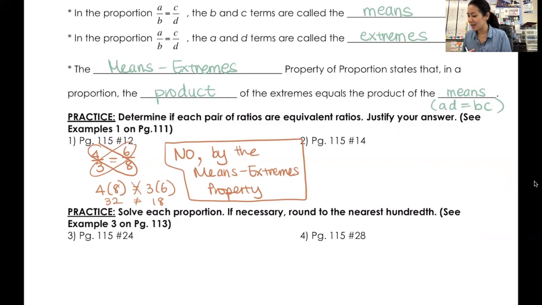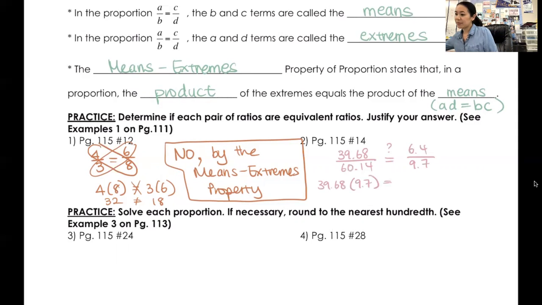Okay, let's try it again with number 14. This one is 39.68 over 60.14, and we want to see if that's equal to 6.4 over 9.7. All right, so let me go ahead and use that means extremes property, and I'm going to multiply 39.68 times 9.7.